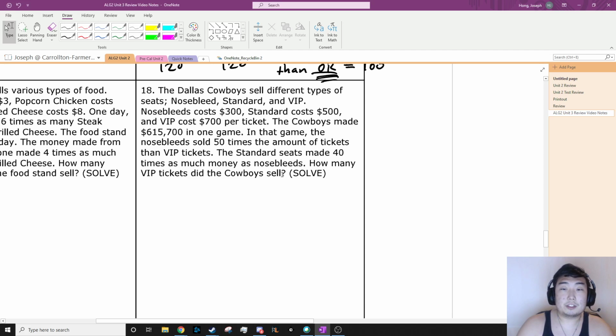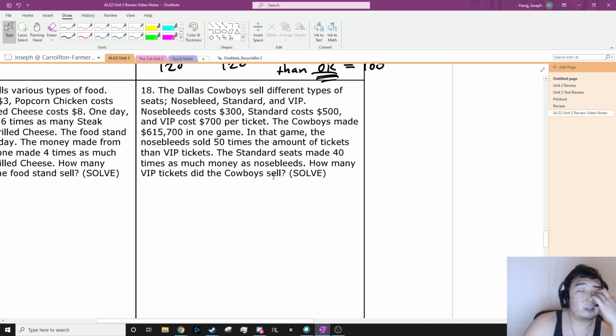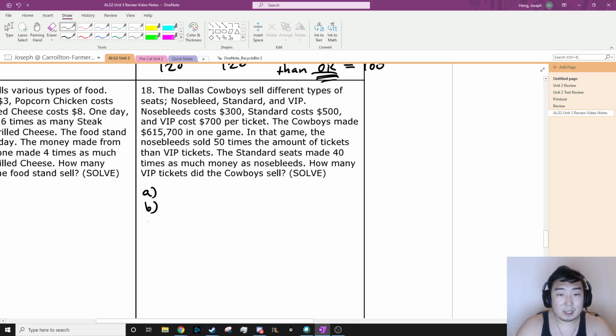So really, I need to start off by writing some equations representing the situation. So I have A, B, and C. And I can't really talk about the quantity of tickets sold because they didn't tell me, but they told me two special situations, or conditions.